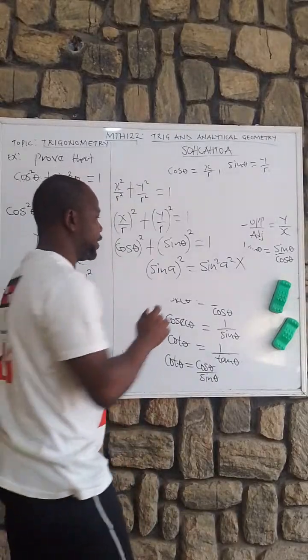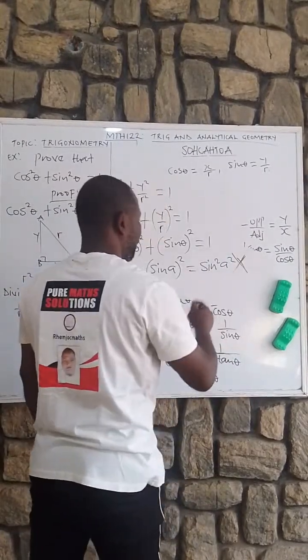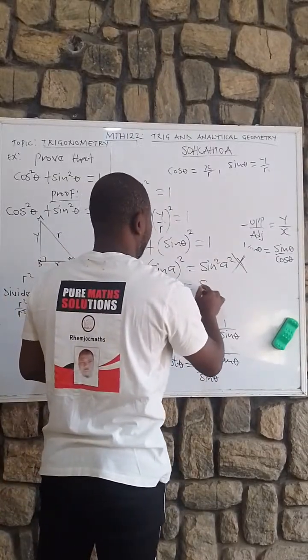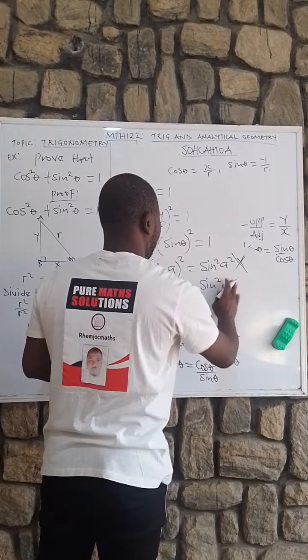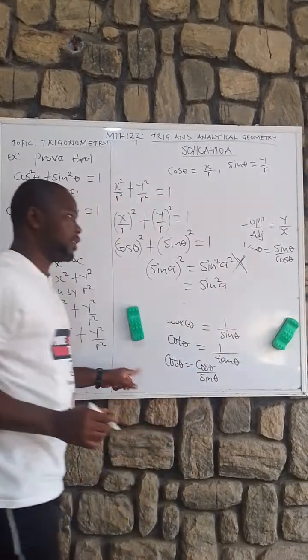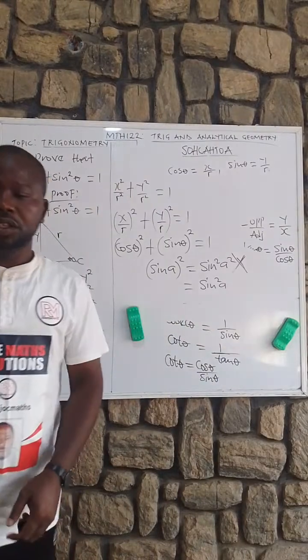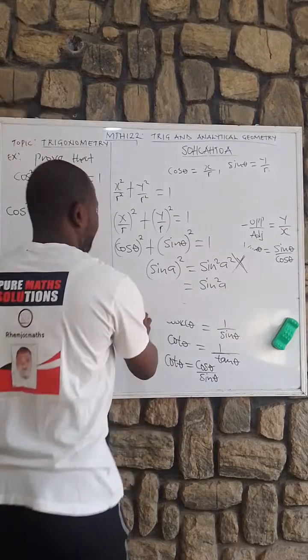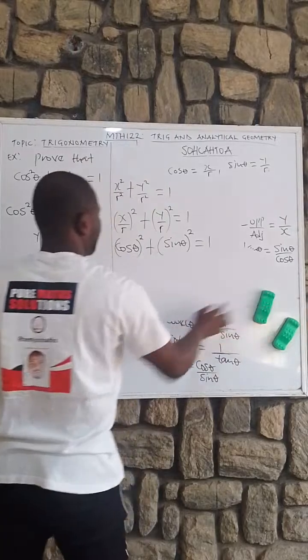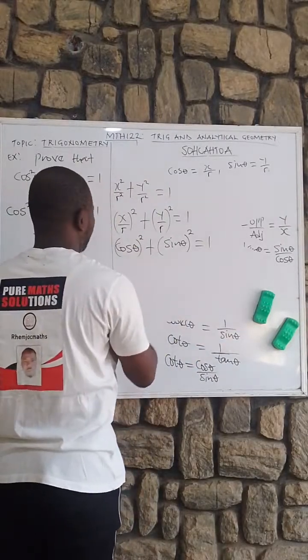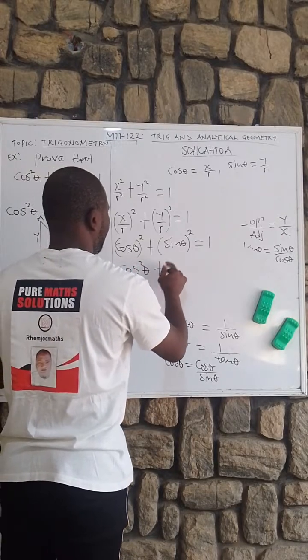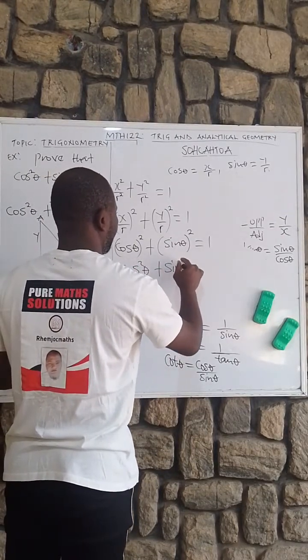As long as trig is concerned, this is how you are going to write it: sine square a. Take note. Are you following? Do you understand? So at this point, here will be what? Cos square theta plus sine square theta.